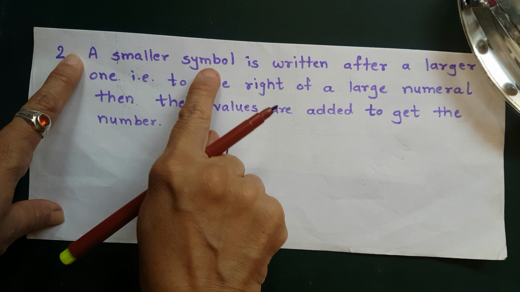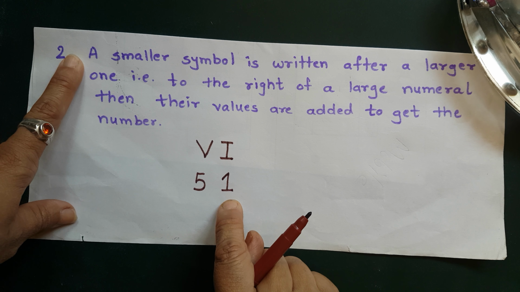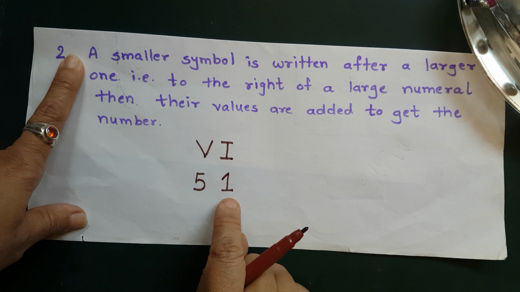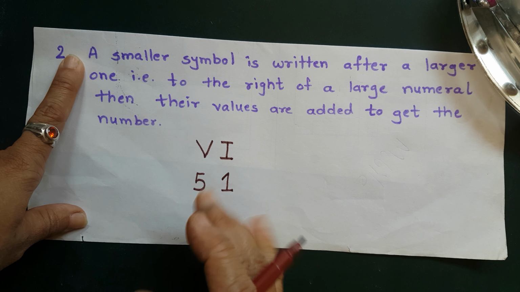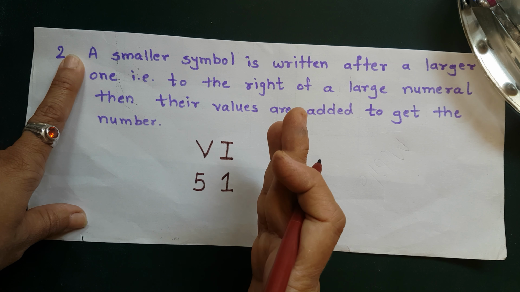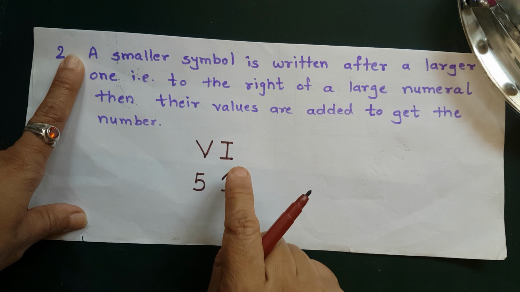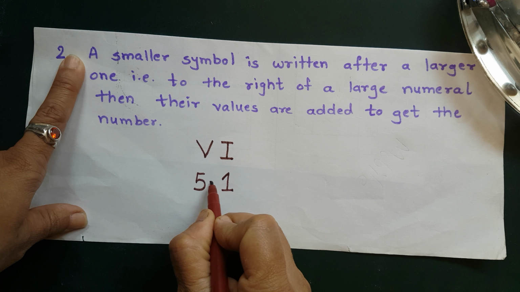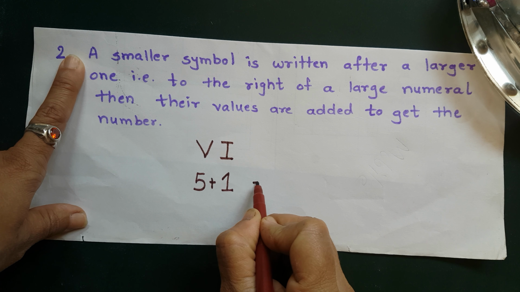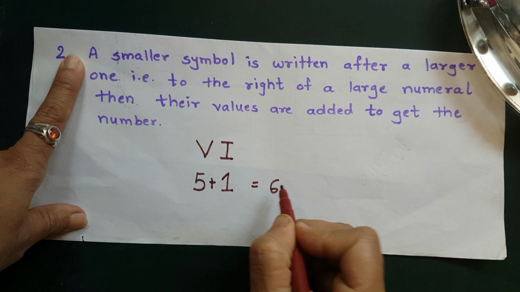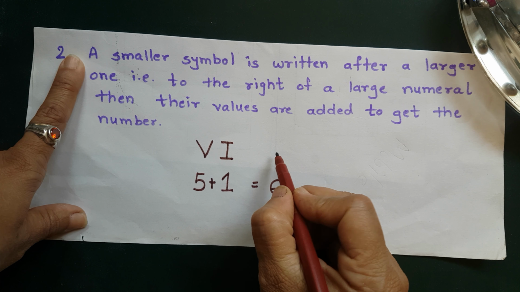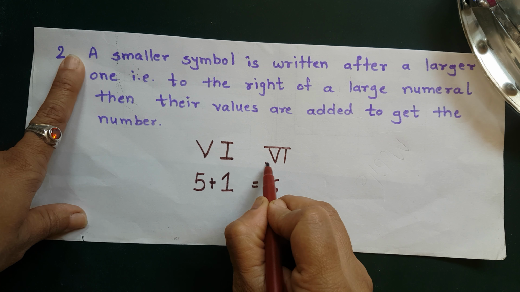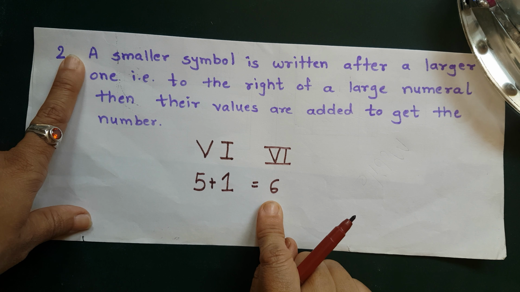A smaller symbol, this is a smaller symbol, written after a larger one, means to the right side of the large number. If I write the small number, we have to add them. So it becomes 6. So in Roman number we write VI for the number 6.